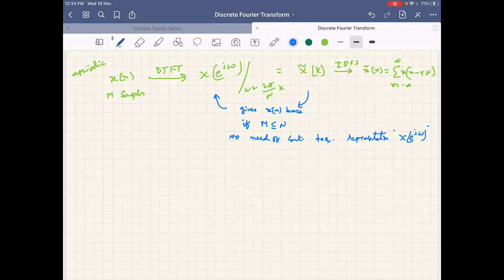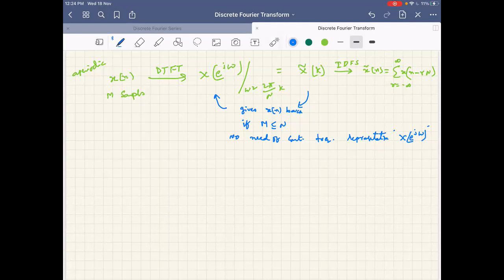So this enables a very great move in the frequency domain representation for discrete aperiodic sequences, because in real situations, many of the signals are aperiodic and discrete. For processing with a computer, we make them discrete.